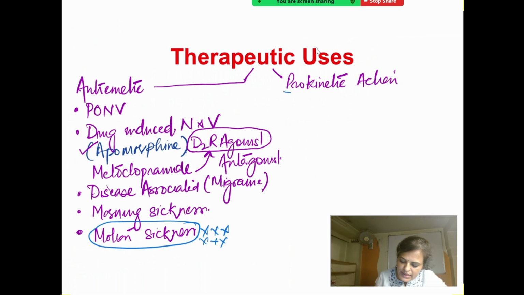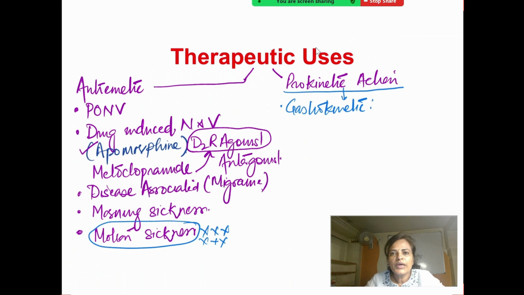Now coming to the prokinetic or gastrokinetic action of this group of drugs, where you want to enhance gastric emptying. If you have to give emergency general anesthesia, you want to do the surgery and the person has consumed food less than 4 hours before, then we have to give this drug.